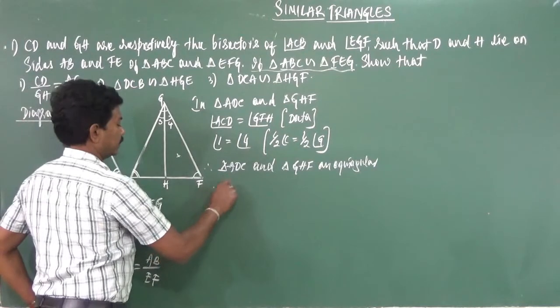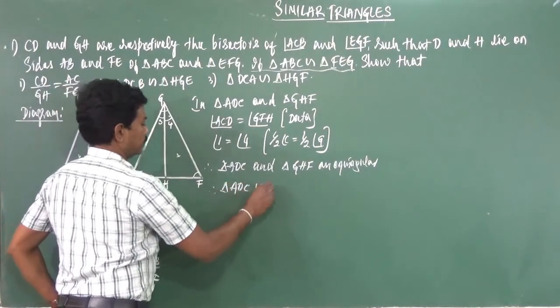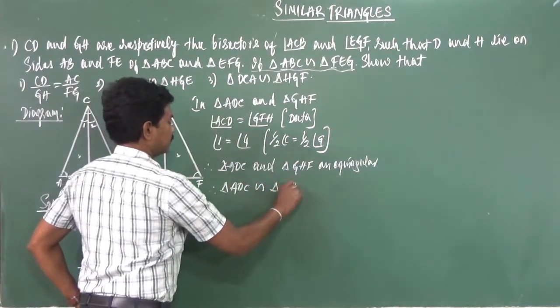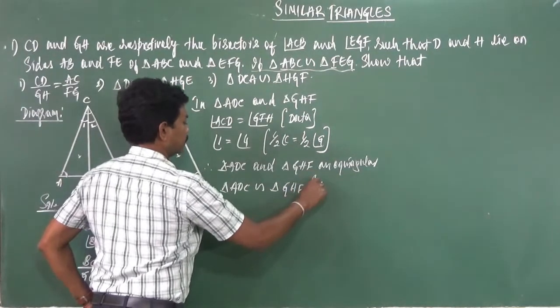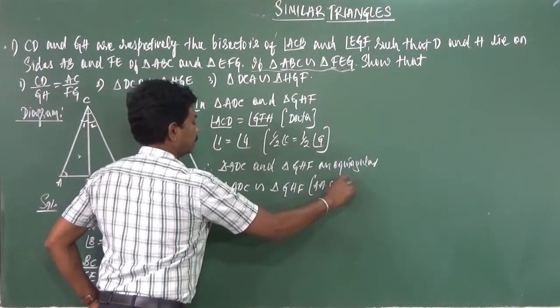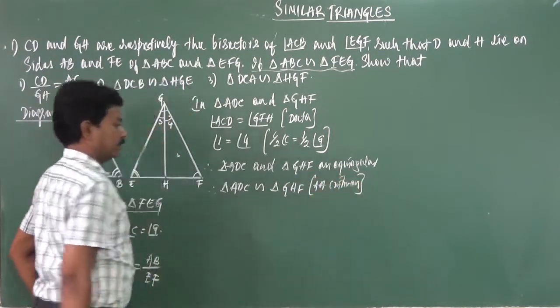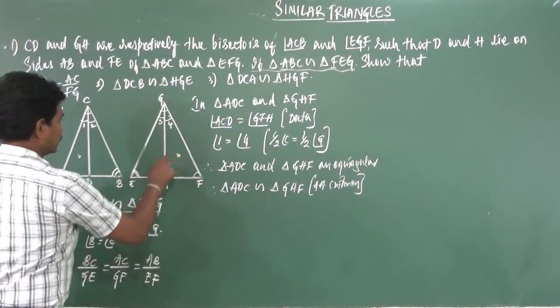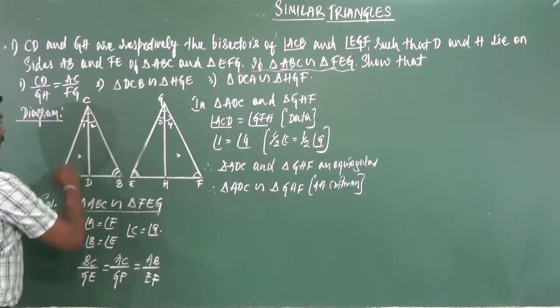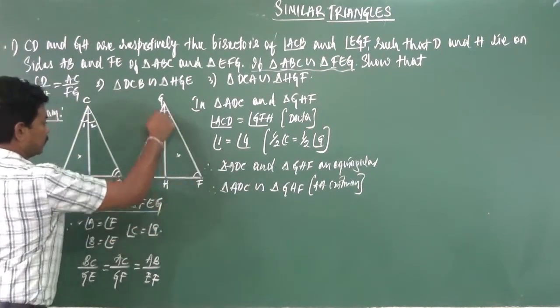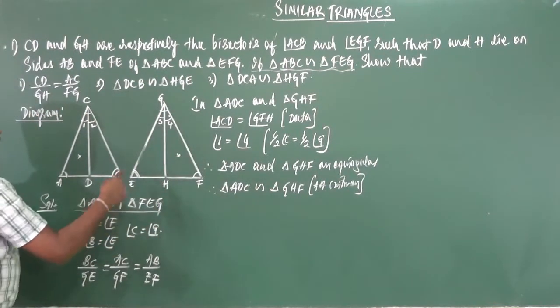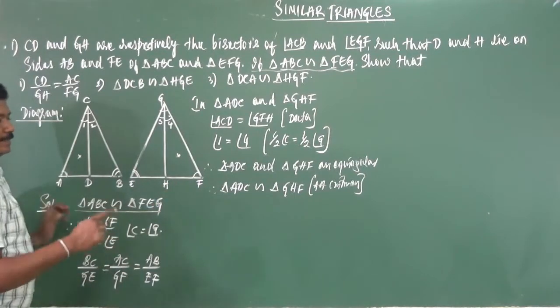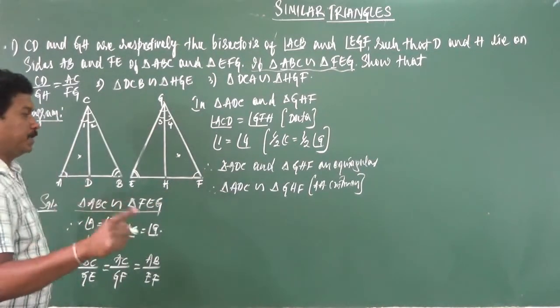So therefore, triangle ADC is similar to triangle GHF. This is according to the AA criterion, in which you have done a lot of problems, right? So now these two triangles, triangle ADC and triangle GHF, have become similar to each other. So if these two triangles are similar, then their corresponding sides will be proportional.